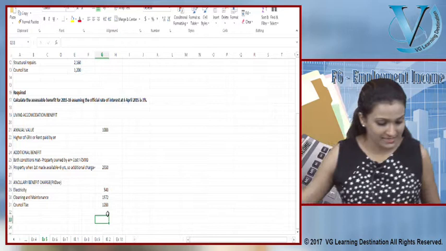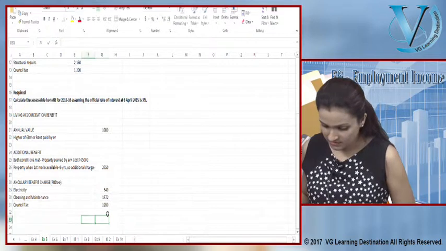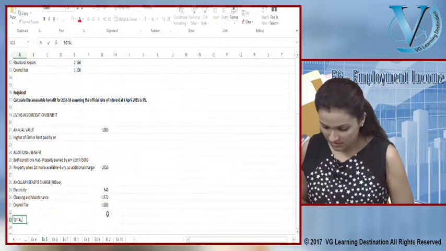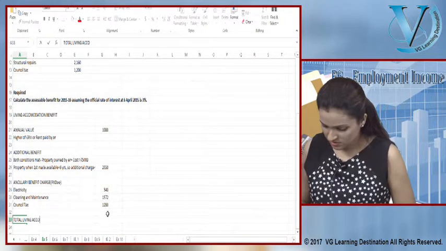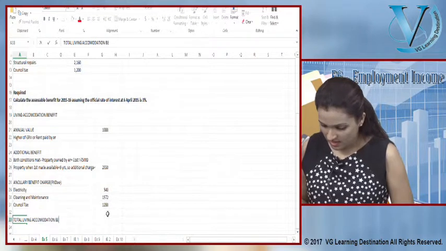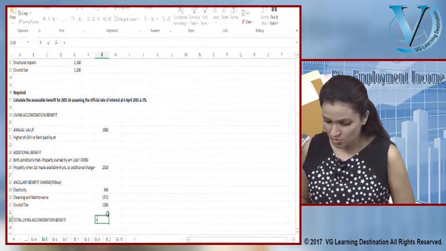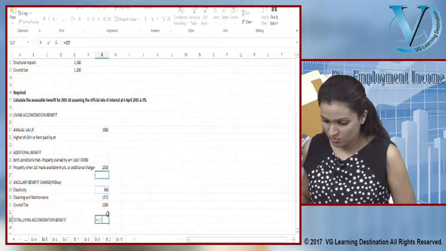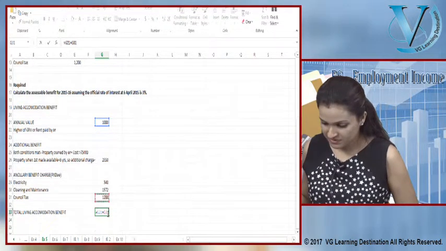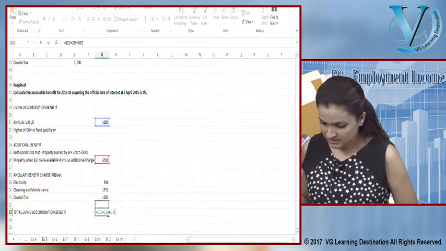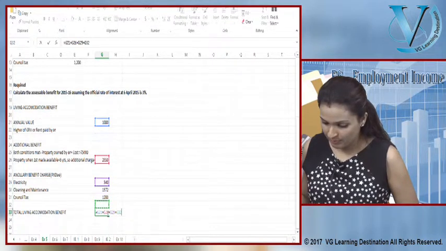So now that we know these, let's have a look at what is the total living accommodation benefit, which basically becomes equal to the gross value plus the additional benefit plus the ancillary benefits which are liable to pay.